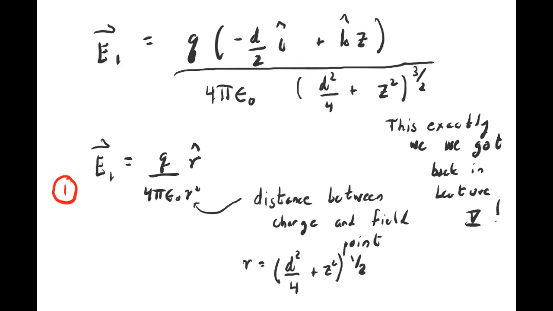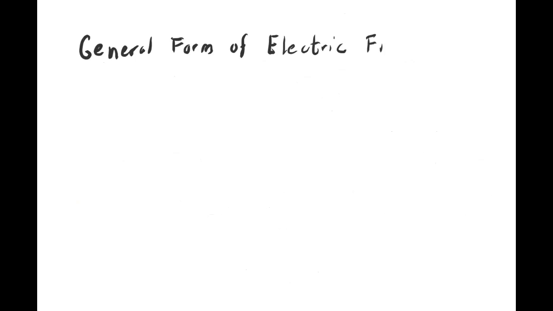So we went backwards by one step, but we went forward by another. Okay, so the moral of the story is that, even though this is not going to really change anything that we've looked at in any of the examples, we should be using the general form of the electric field at some field point r.